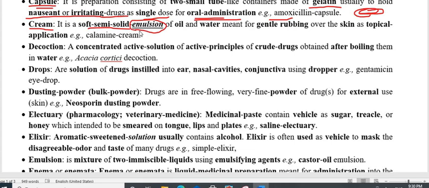When we mix two immiscible substances like oil and water together, it is called emulsion, and therefore the nature of the drug is semi-solid, and it is applied over the skin as a topical application by gentle rubbing.